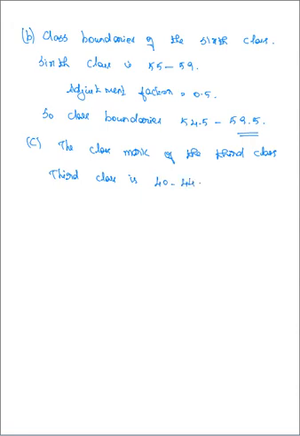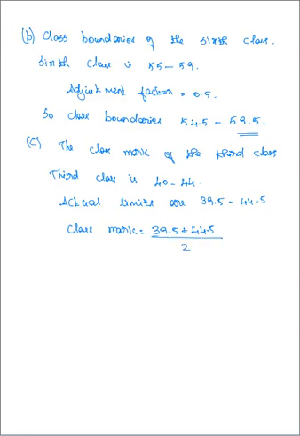So actual limits are 39.5 to 44.5. So class mark is equal to 39.5 plus 44.5 divided by 2. 84 by 2. Answer is 42.